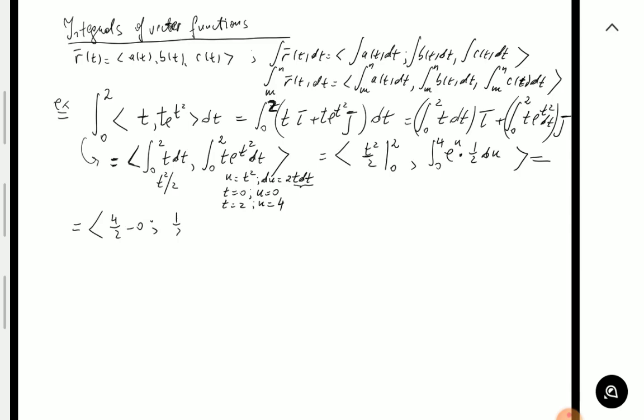The second one is 1/2 e to the u evaluated between 0 and 4. And then finally the integral becomes the vector 2 and e to the 4 over 2 minus 1/2, since e to the 0 is 1.